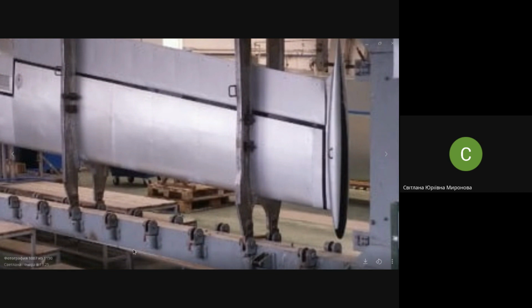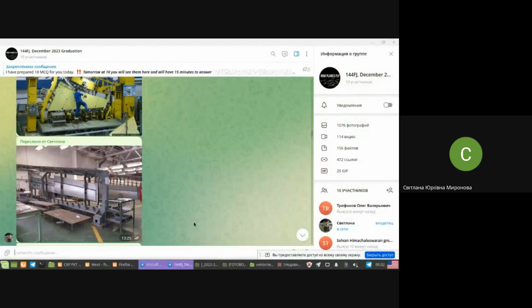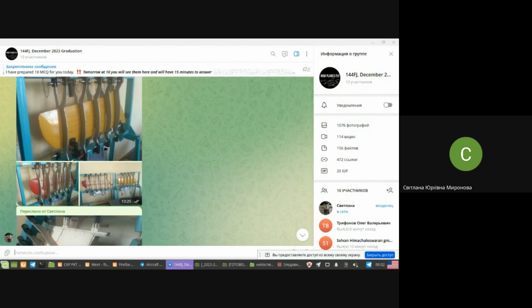Even in this low quality photo, it's visible that these barrels, these pieces of pipes, are roughly welded by arc welding. Pay attention to the width of the welded seams. There are places where those things are welded to the lower beam and to the upper beam. At the top there are no such brightly visible elements, but here it's visible.